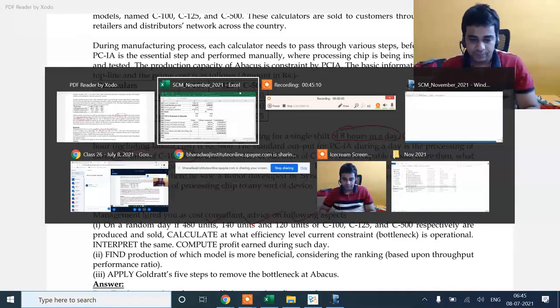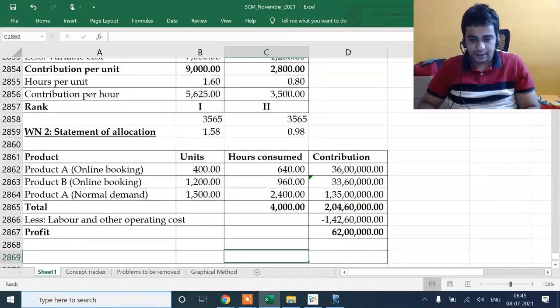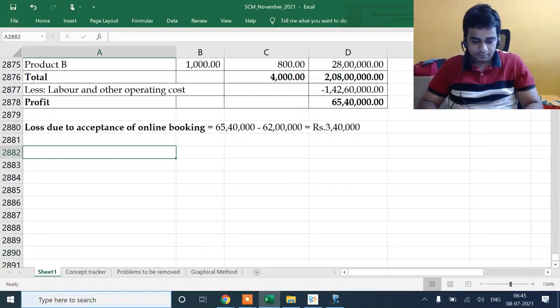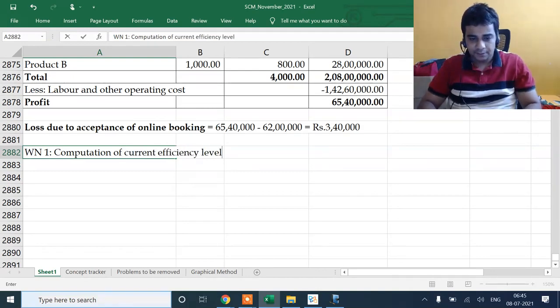Working note 1, computation of current efficiency level.